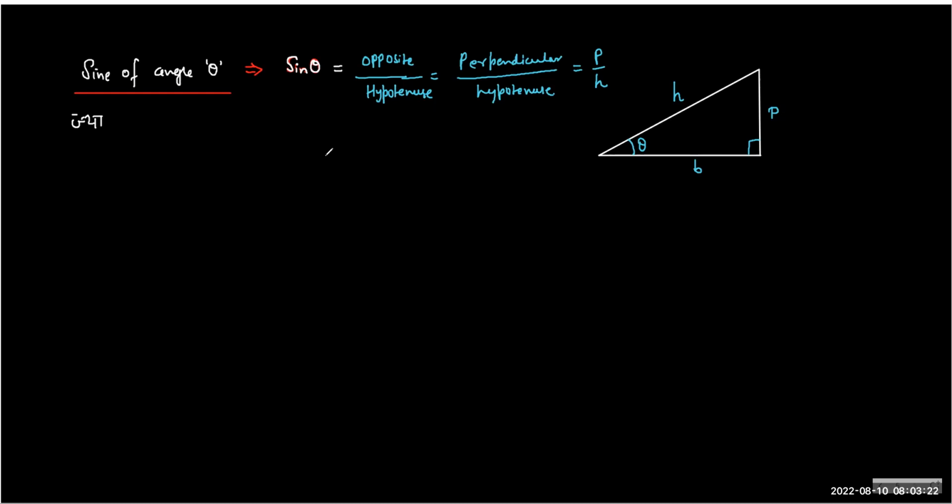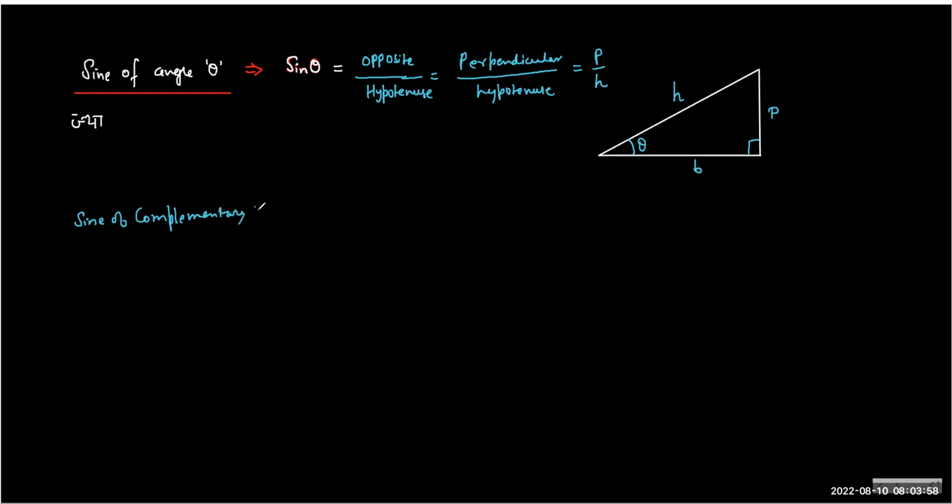So what is the cosine of an angle? It is the sine of the complementary angle.